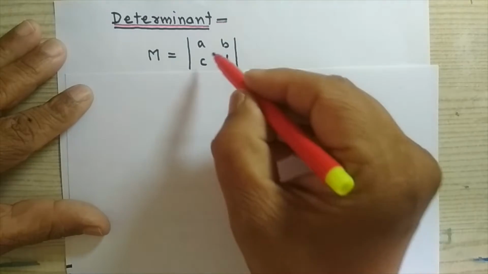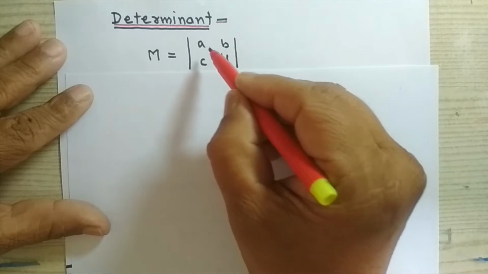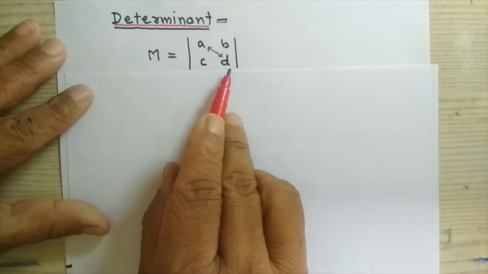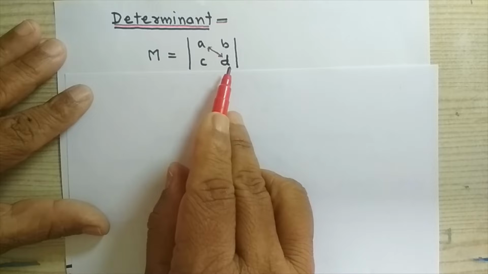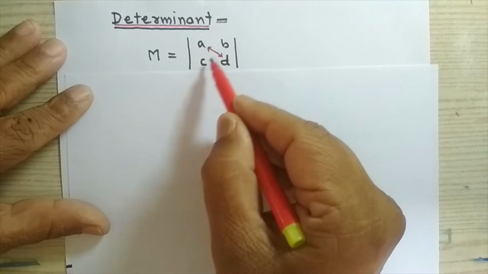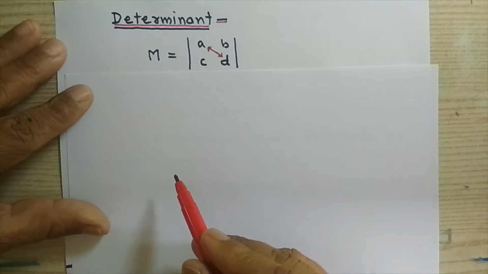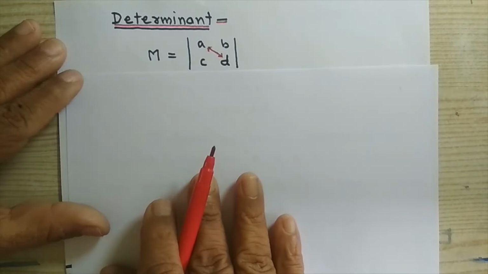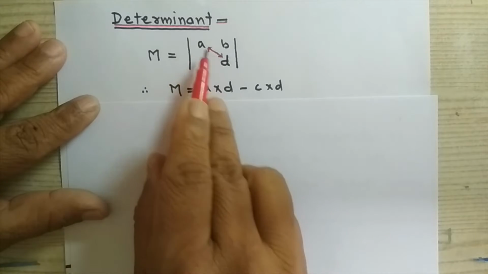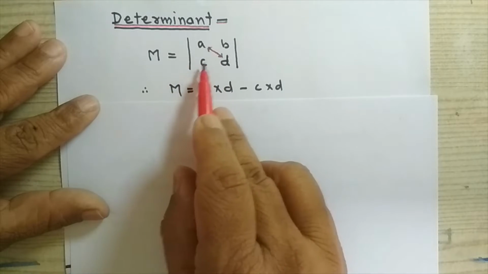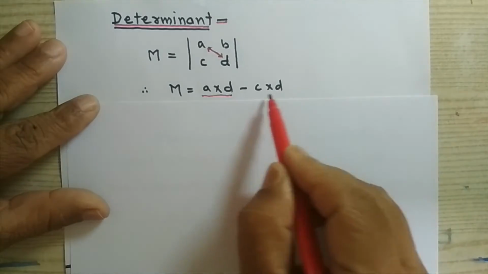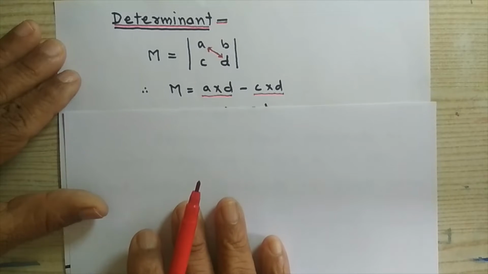We have to multiply these two, A and D. First we multiply A with D, and then we subtract the other multiplication, the remaining one, C and B. See here, the determinant M is equal to A into D minus C into B. A into D means AD, and C into B means CB.